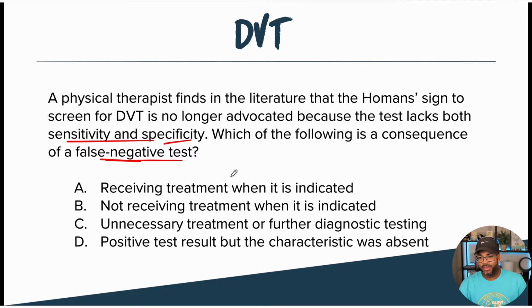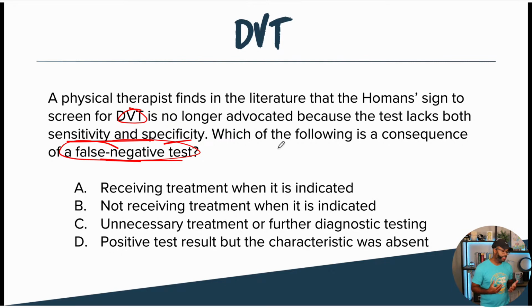All right. So what is the major thing I'm pulling out here? I got DVT, deep venous thrombosis, right? The other major thing that's really important is this thing called a false negative test. What does that mean? You got to understand what this means in order to get the question right with confidence.